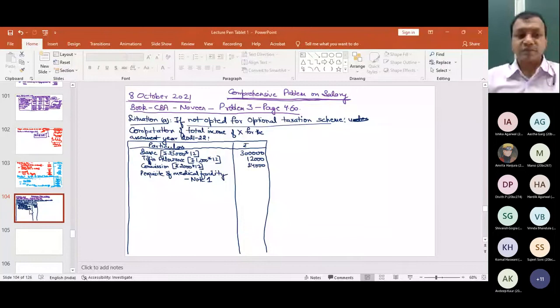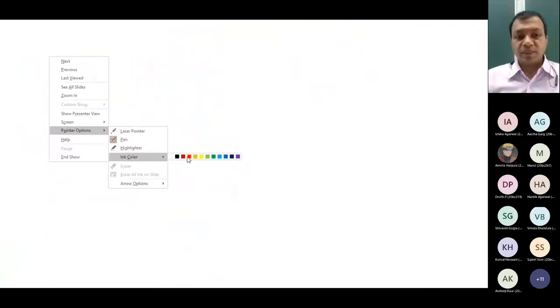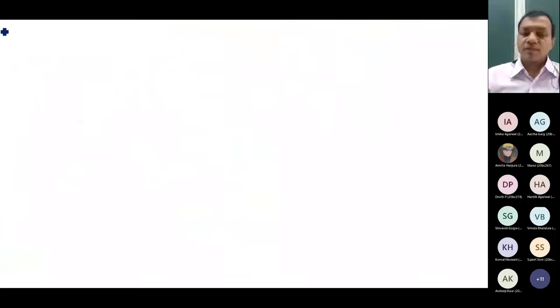Note 1. So leave some space blank and let me write note 1. These are notes. First point, it is assumed that medical treatment.